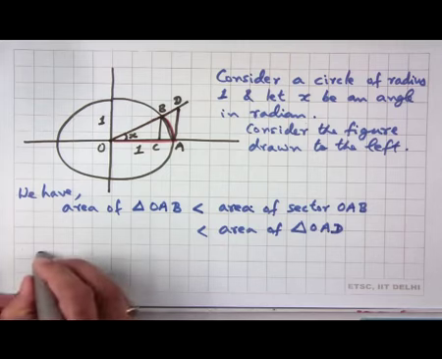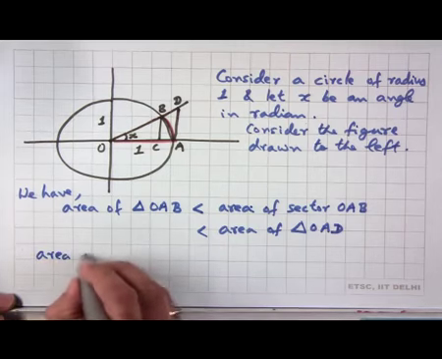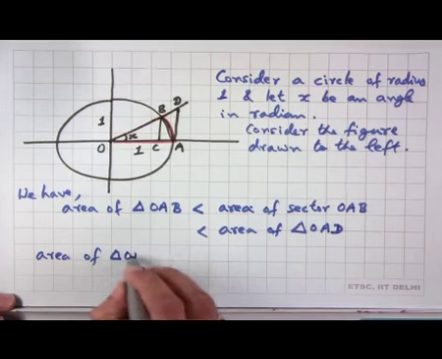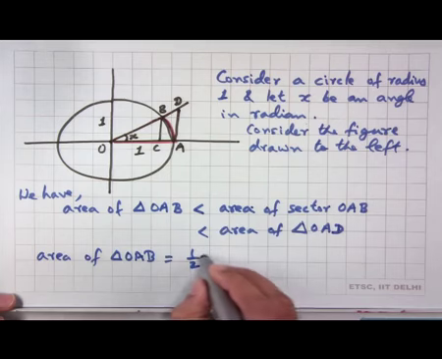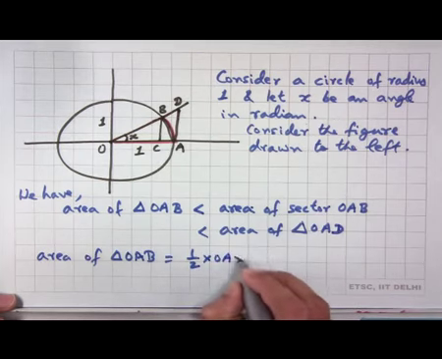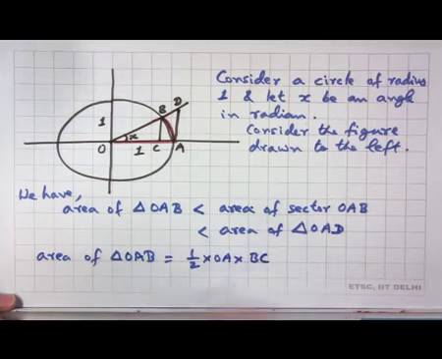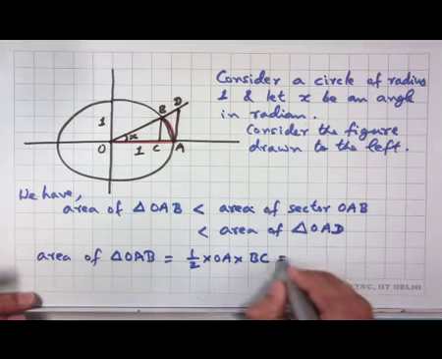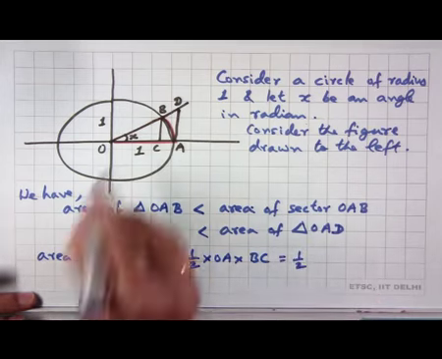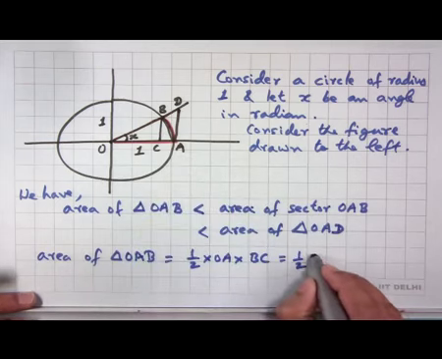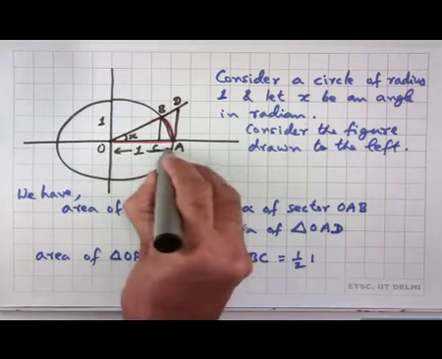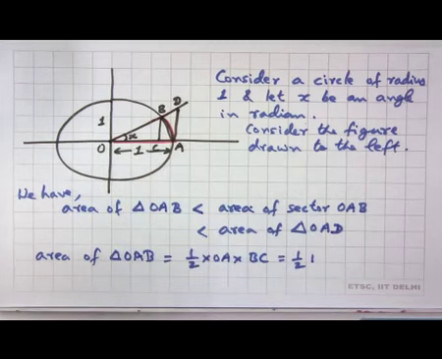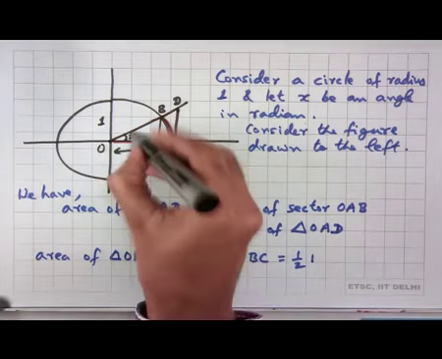Now, area of triangle OAB is equal to half times the base OA times BC, right, which is equal to half, the length of OA is 1. What is the length BC? Note that this angle is x.